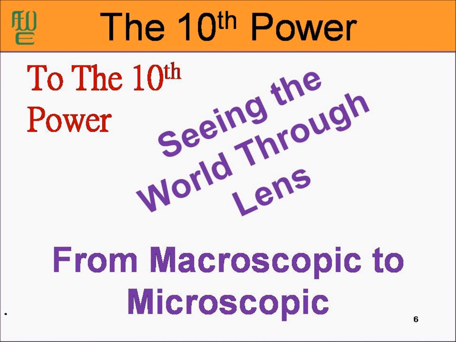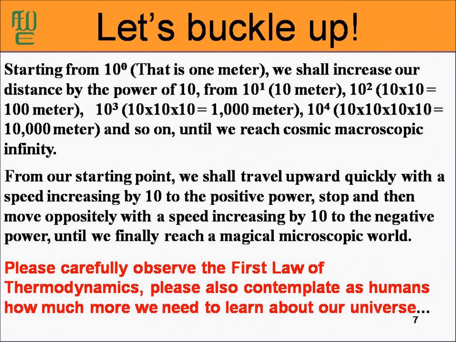Okay, so we're going to see the world. We're seeing the world through lenses, from macroscopic to microscopic, so to the 10th power. Now, we talked about earlier how we can increase the power and see things differently. So we start with 10 to the power 0, which is our existence right now in this world, seeing our events as they are.